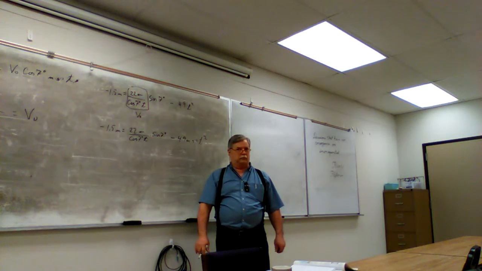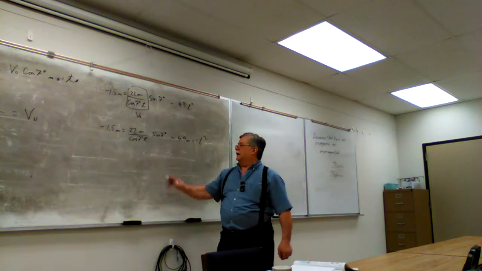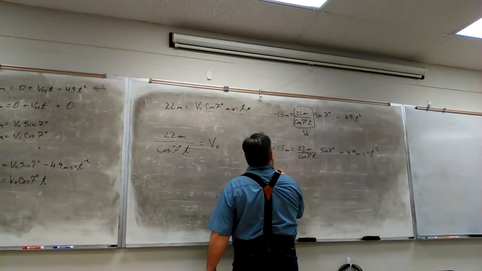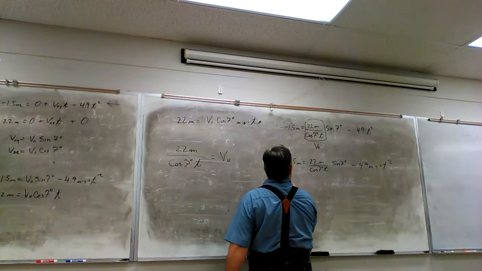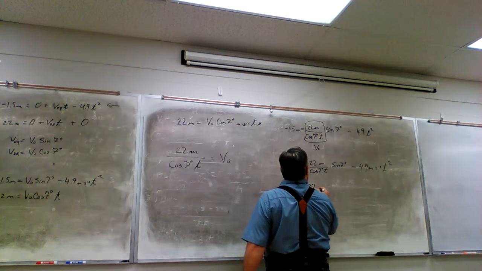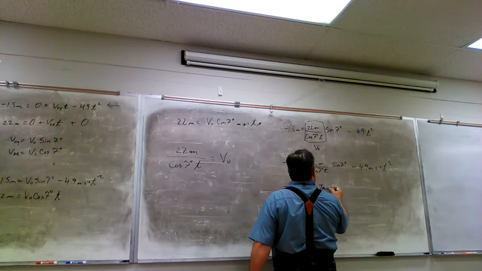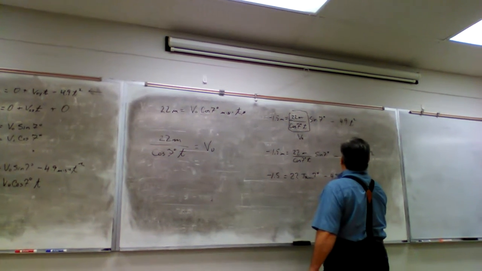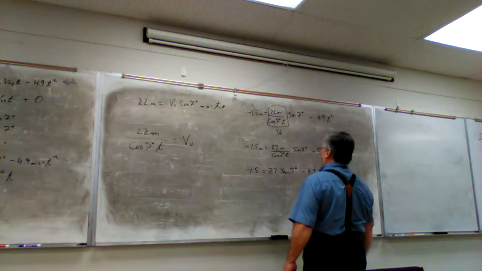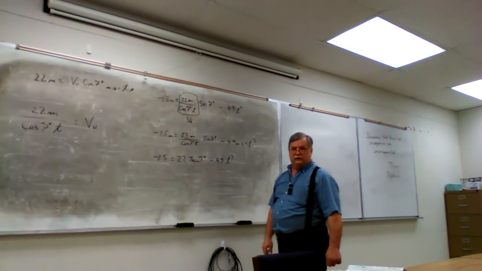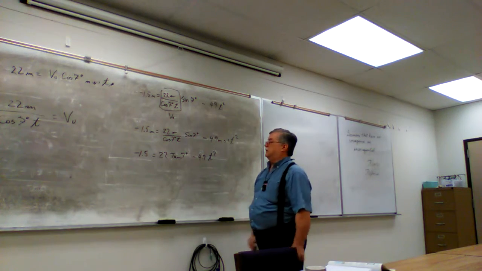Sine divided by cosine is tangent. So we can rewrite this now as minus 1.5 is 22 times tangent of 7 degrees minus 4.9 t squared. Now we can solve this for t.